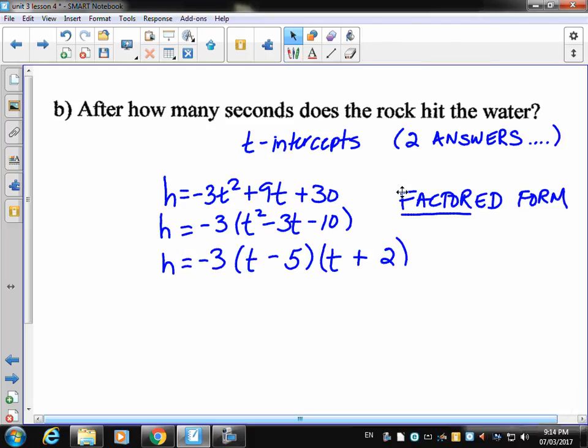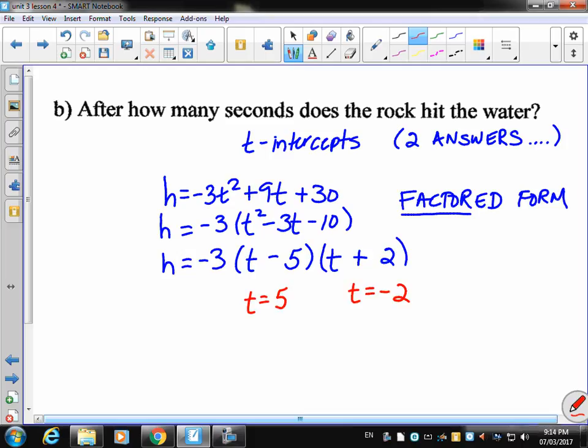That tells me my 2 t-intercepts, and if you recall, it will be positive 5 and negative 2. If you forget, you can set any one of those brackets equal to 0, and that will give us a 0 for the equation, because our y-value is 0 at the t-intercepts.